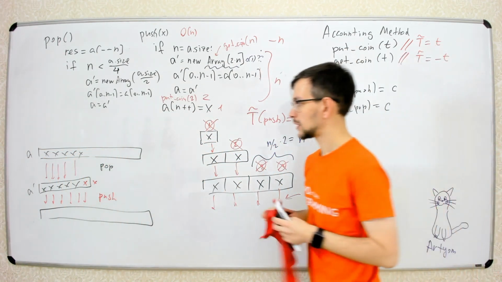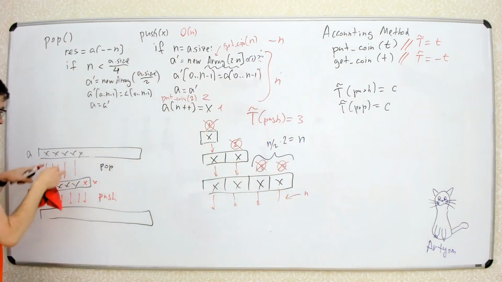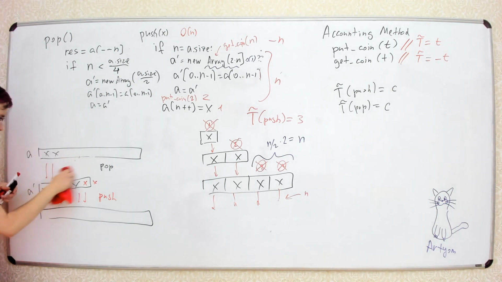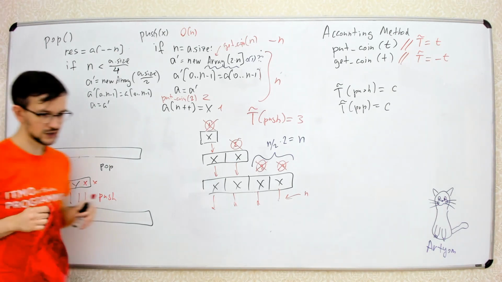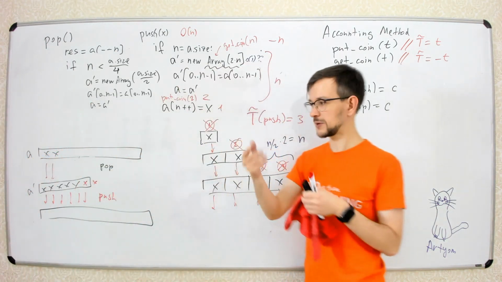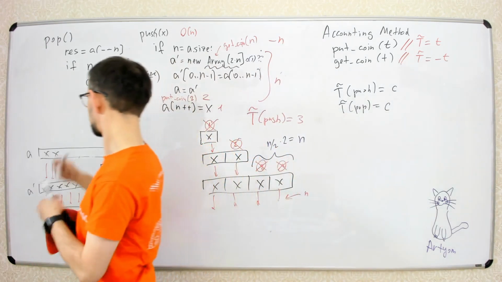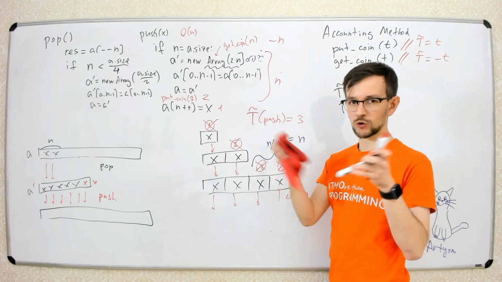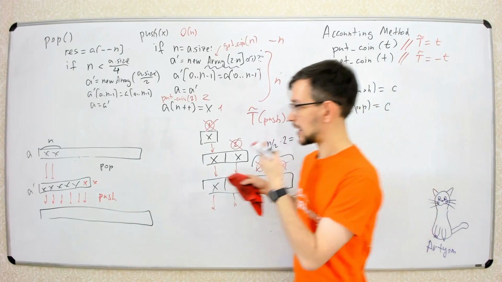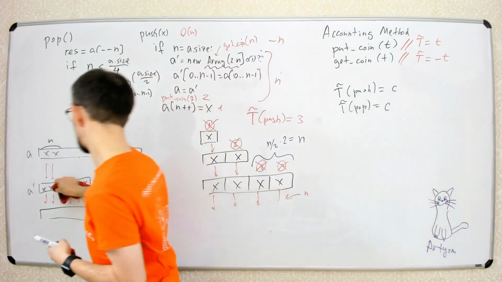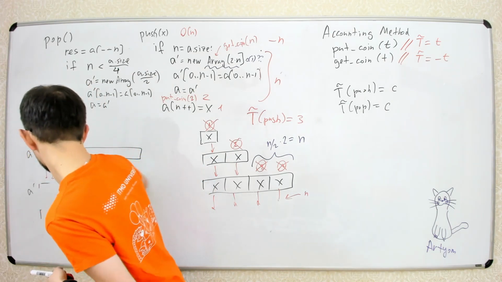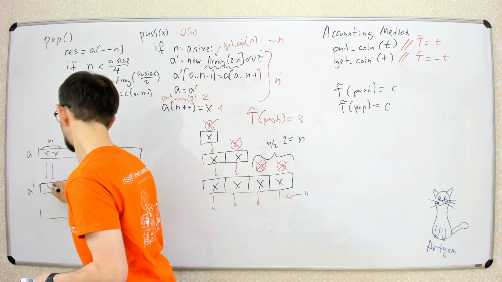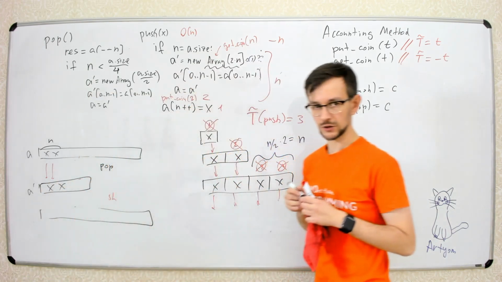Now what will happen? When you decrease the size of the array, you have 1/4 of all elements of the array. So here is n, and it's about 1/4 of the size of the array. Now when you decrease the size of the array, you have only half of the array filled.